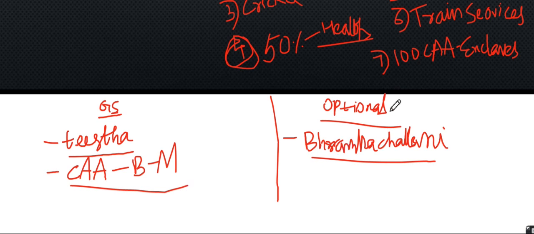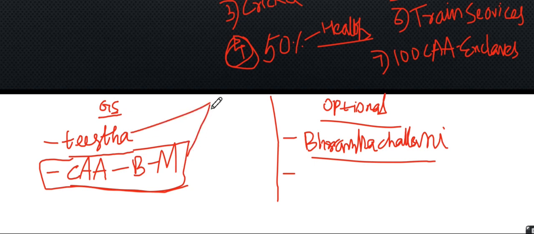Now with optional, instead of going for CAA, you would need to elaborate this part. In GS you can just mention it as a heading and write briefly. But in optional, you need to discuss deeply, so when you write that description, you may tend to get into controversy.